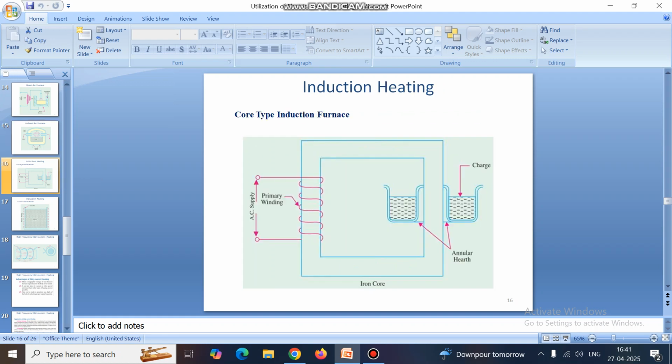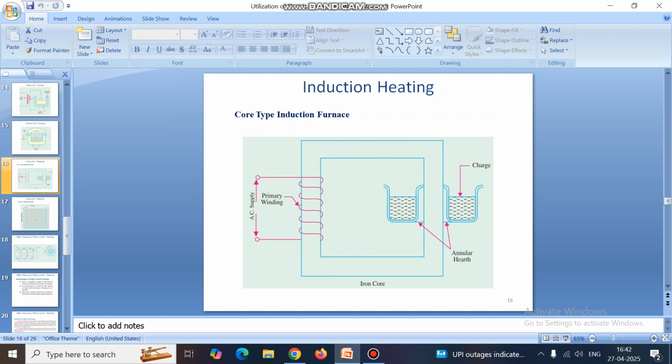Next one is induction heating. Here the figure shows a core type induction furnace. Here is a single phase core with transformer action. You can see that this is the primary of the transformer core, and here AC supply is given. In the secondary portion, there is no direct electrical contact with the primary, but heating occurs due to transformer action.